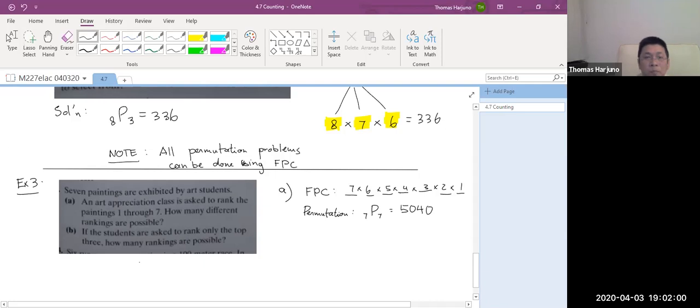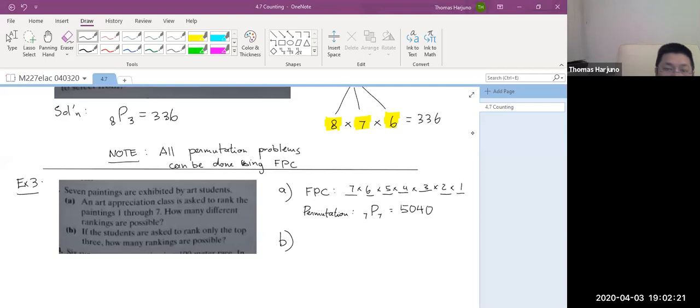Now, how about part B? Can you try to work on that? If the students are asked to rank only the top 3. So of 7 paintings, you want to pick only 3 of them, and you put them in order.